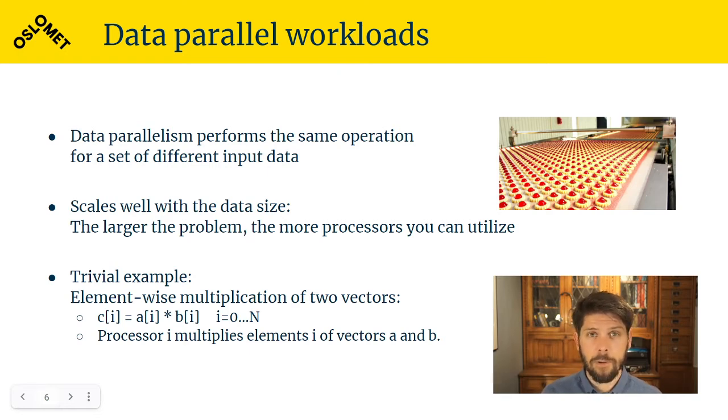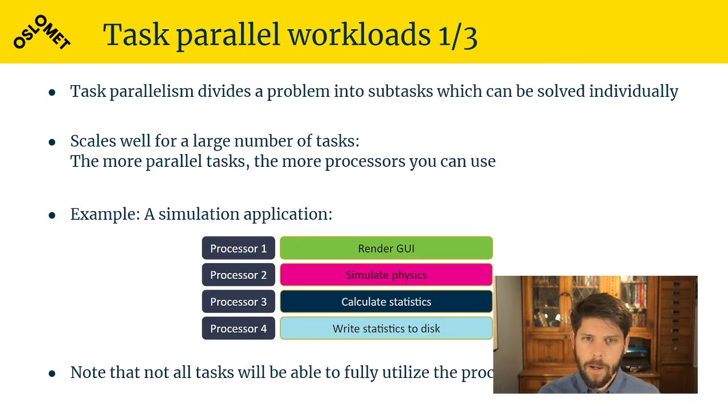And then you get your 1,000 elements done in one clock cycle instead of 1,000 clock cycles if you use a parallel computer with 1,000 processing units. Now, that's if we disregard the memory issue. We'll come back to that later, but let's assume that's true for now. Okay, so that's the data parallel workload.